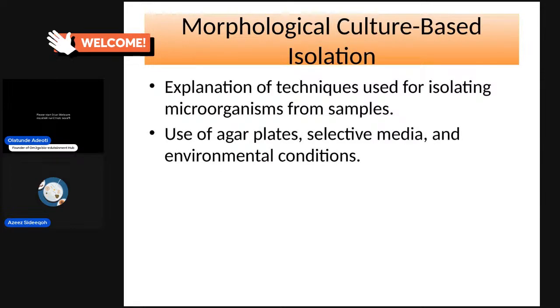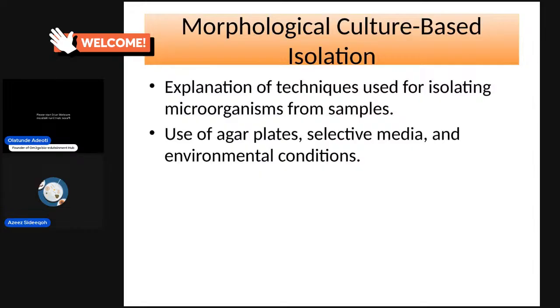Now, still under the cohort group, I have explained this: we use agar plates, that is petri dishes, with different types of selective media. We are going to see this, and different types of environmental conditions. There are some microorganisms that will grow at a certain pH, some at acidic pH, some at normal atmospheric temperature.